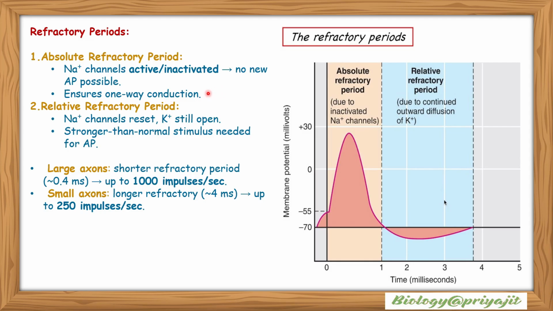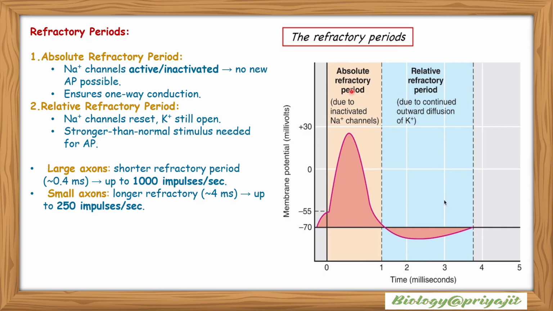Relative refractory period: sodium channels reset and K+ still open, stronger than normal stimulus needed for action potential. Large axons have a shorter refractory period, approximately 0.4 millisecond, up to 1000 impulses per second. Small axons have a longer refractory period, approximately 4 millisecond, up to 250 impulses per second.